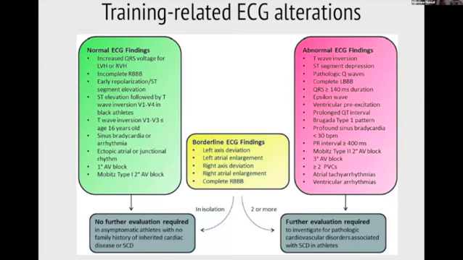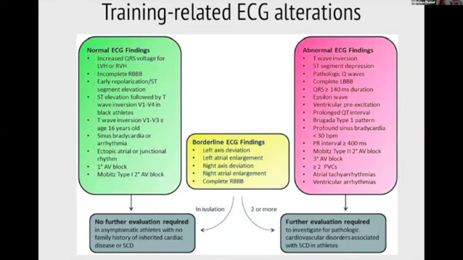So basically what is considered normal variants include isolated QRS voltage criteria for RVH, LVH, sinus bradycardia, sinus arrhythmia, first degree AV block, incomplete right bundle branch block, early repolarization, ST segment elevation, ST segment elevation followed by T-wave inversion in V1 to V4 in African American athletes, T-wave inversion in V1 to V3 in athletes less than 16 years old, and Mobitz type 1 Wenckebach second degree AV block.